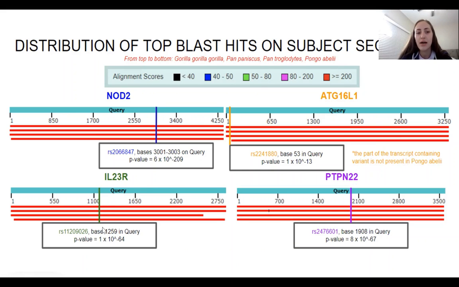And we see that around this space, the sequence is also very strongly aligned. And then likewise in the last gene, PTPN22, we have this variant around base 1908 in the query, and we see that all the sequences are also strongly aligned.